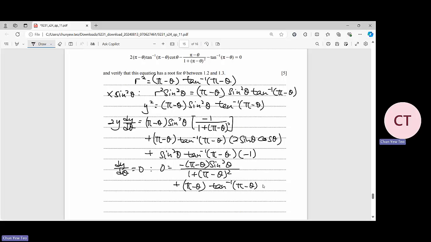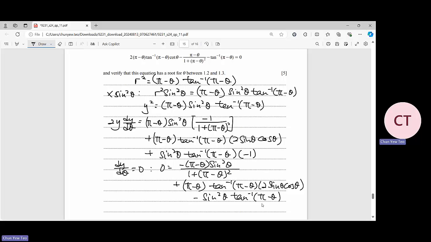Nothing to simplify over here, nothing we can simplify. Just copy it down. Then the last one will be minus sine squared theta arctangent of (pi minus theta).